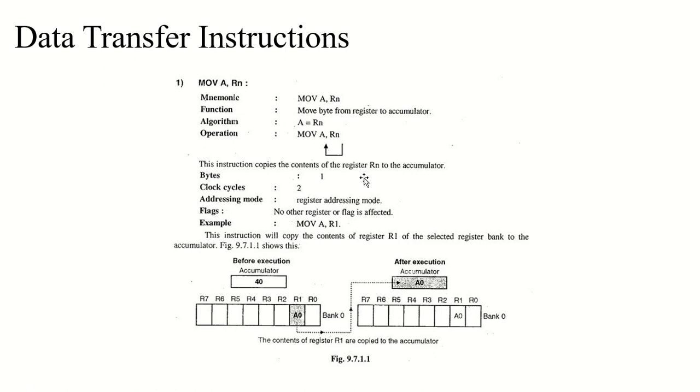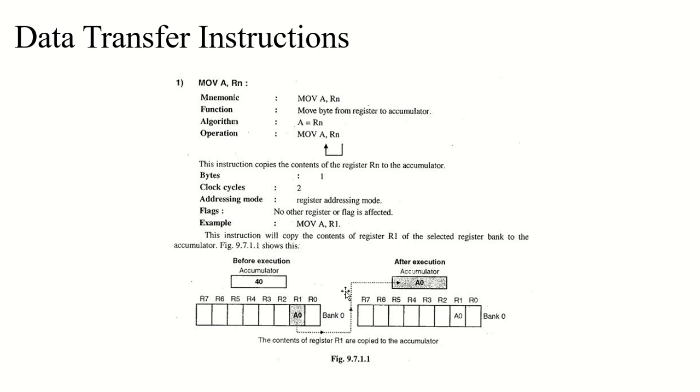The accumulator will have the content of register R1 of bank 0, which means the accumulator will also have A0 in it. Remember, the content of the register remains unchanged. So the data in R1 will still be A0. It will not be changed.